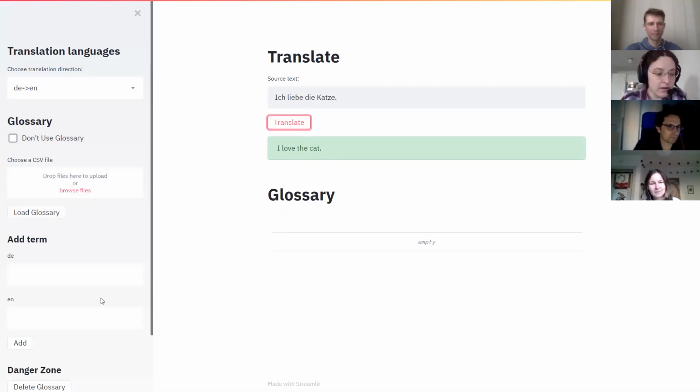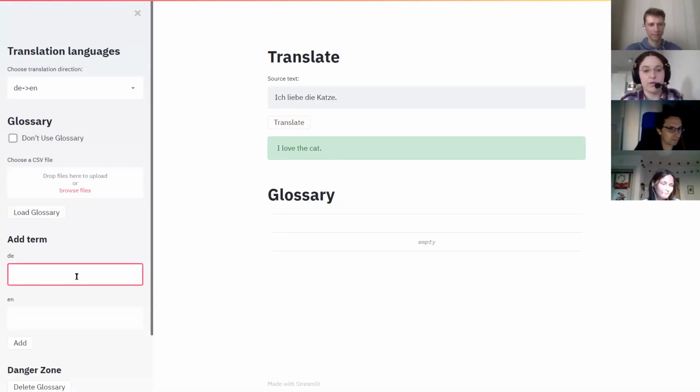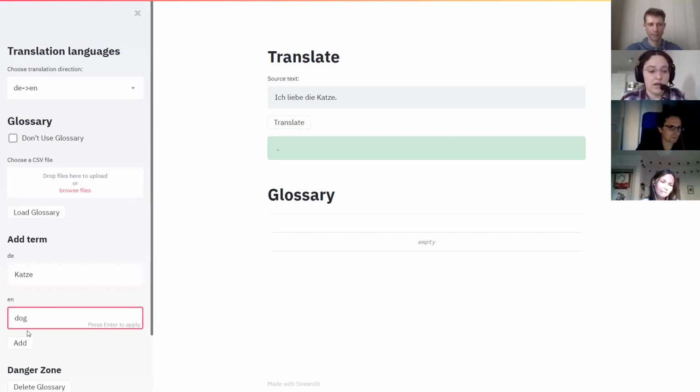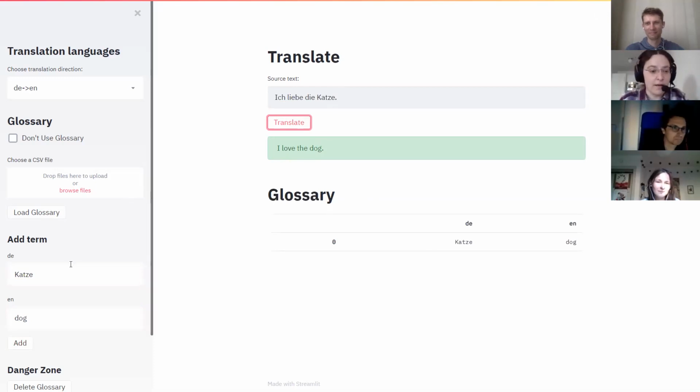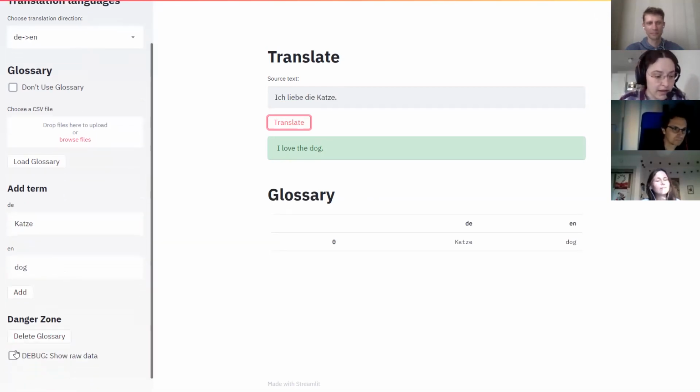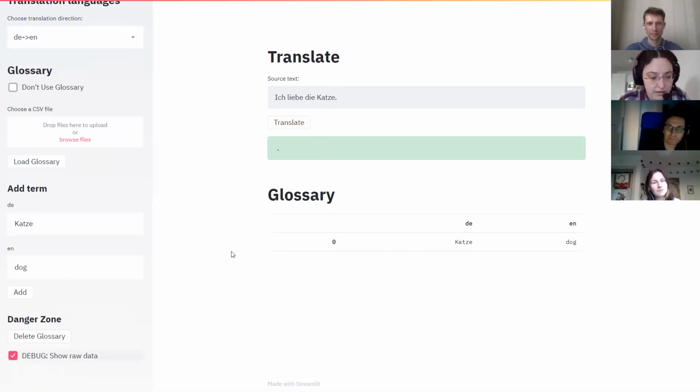Now down here, I'm going to add a term to our glossary. I'm going to say, let's translate cat now into dog. So we add this. Okay, and let's see how it translates it now. I love the dog. So you can see that it's using the terminology. In case you are curious, I added this for our presentation, a little debug screen. I hope it works because I just added it.